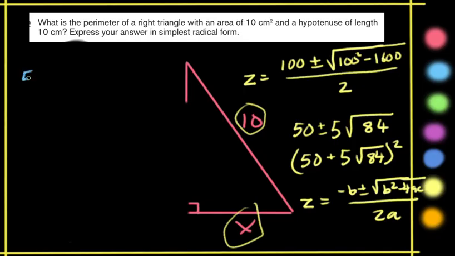So I've got 50 squared plus 500, which is 2 times 50 times 5. 500 square root of 84 plus 25 times 84. Is that right?